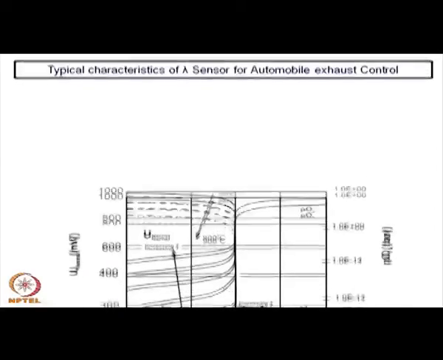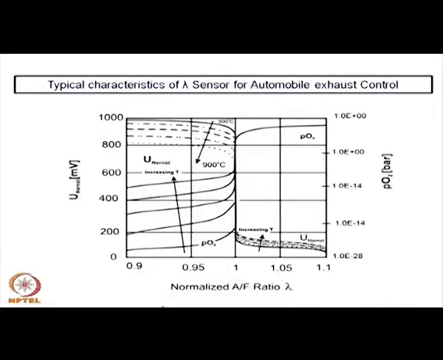Let me see what is there. Yeah, this is actually the cross section of what you call the lambda sensor for automobile exhaust. The basic purpose of measuring oxygen concentration in automobile exhaust is to control the pollution.